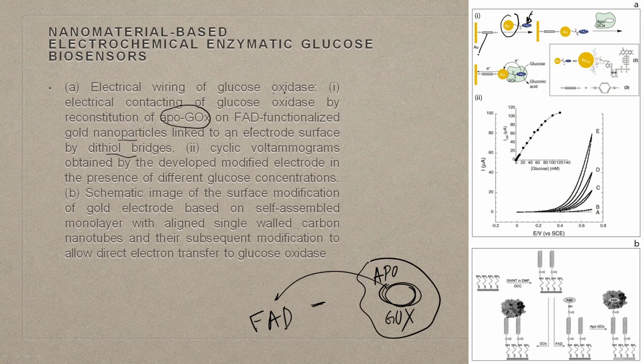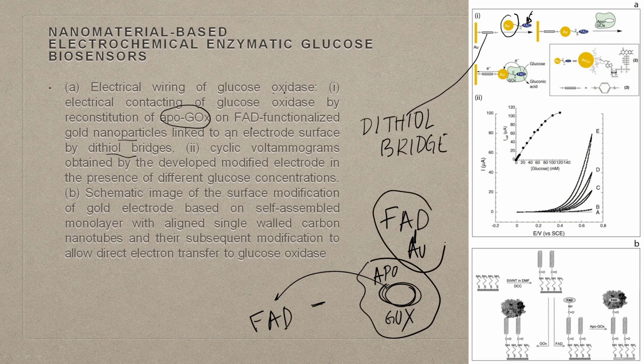So, here you have the dithiol bridge, which is a sulfur bridge. Thiol group is present there. Then what you are doing is that in that process, your FAD is in direct contact with gold. So, the electrode is in direct contact with the FAD site.